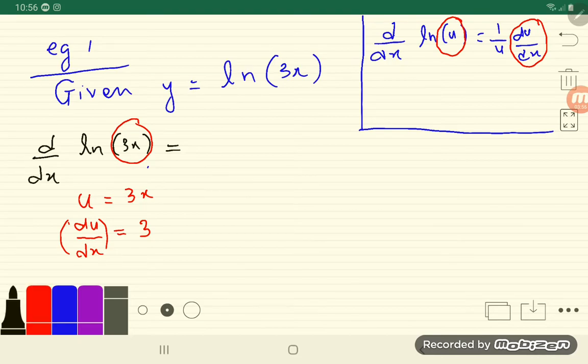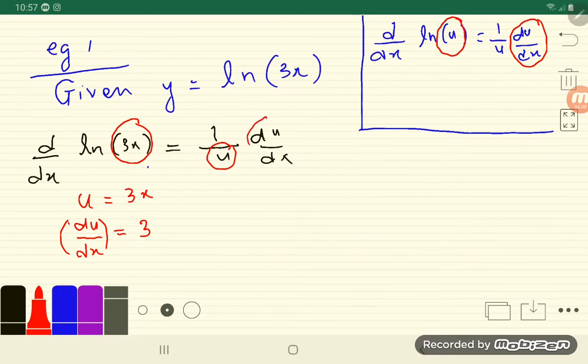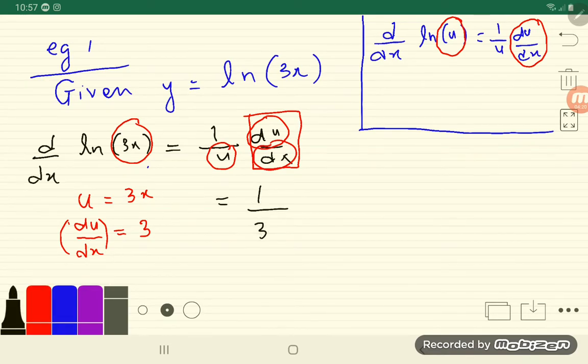Therefore, what we can write here is 1 over u du over dx. So we can replace the value of u, and we can also replace the value of du over dx here. You are going to get 1 over 3x multiplied by 3.